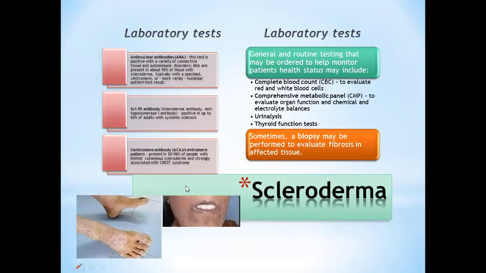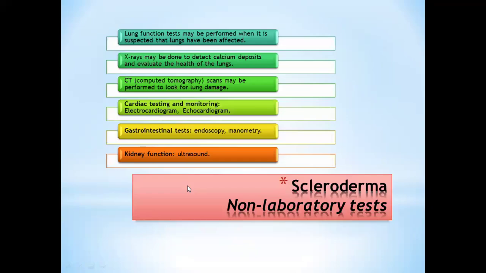Scl-70 antibody, scleroderma antibody, is positive in up to 60% of adults with systemic sclerosis, and centromere antibody is present in 96% of people with limited cutaneous scleroderma and strongly associated with CREST syndrome. Non-laboratory tests in patients with scleroderma include lung function tests.